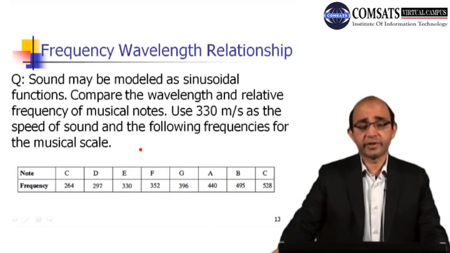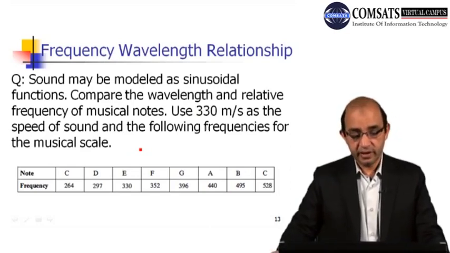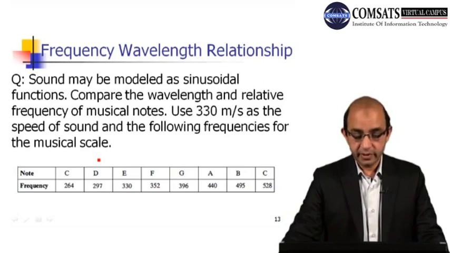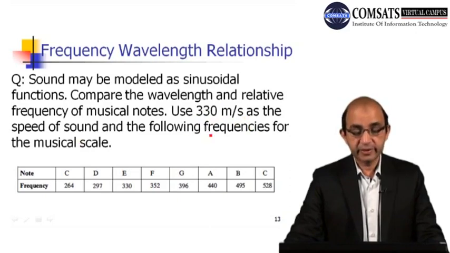So here we have frequency-wavelength relationship questions. The question is, sound waves may be modeled by sinusoids. So we compare the wavelength and the relative frequency of musical notes, and here we are given 330 meters per second, and that is the speed of sound.